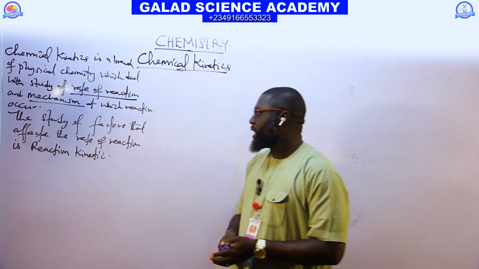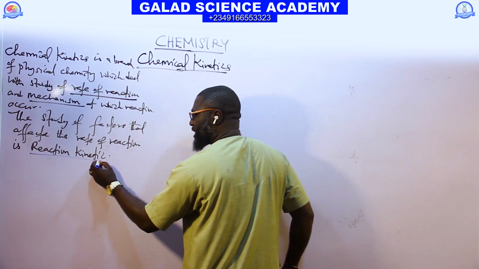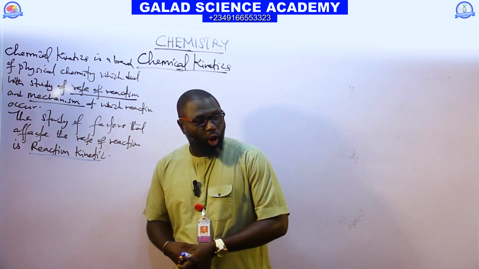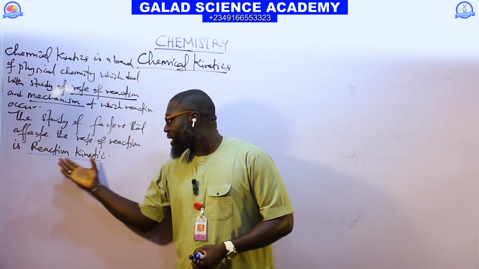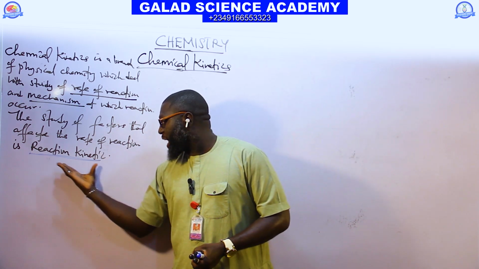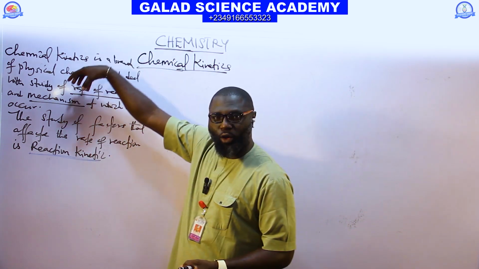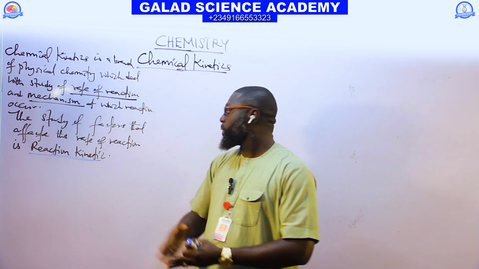So what is reaction kinetics? It is the study of factors that influence the rate of chemical reaction. We call it reaction kinetics. But chemical kinetics itself is the study of the rate of reaction and the mechanism at which reactions occur.